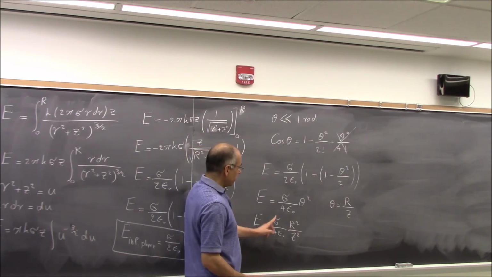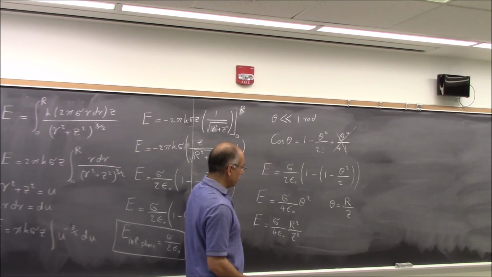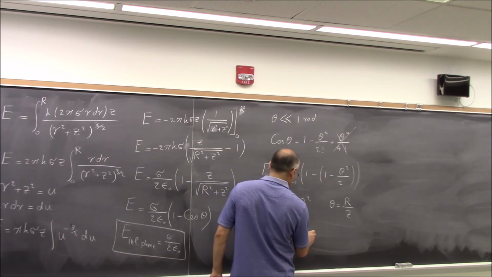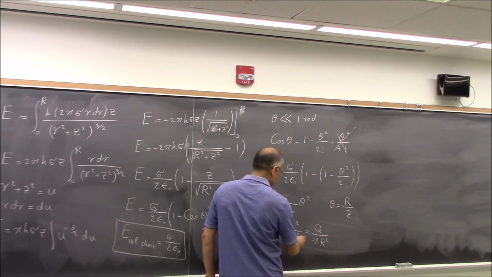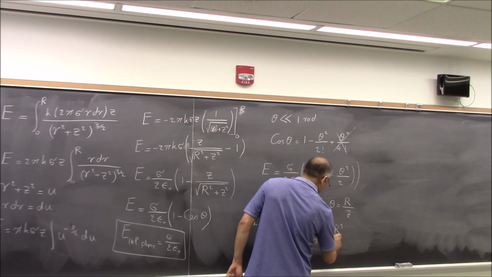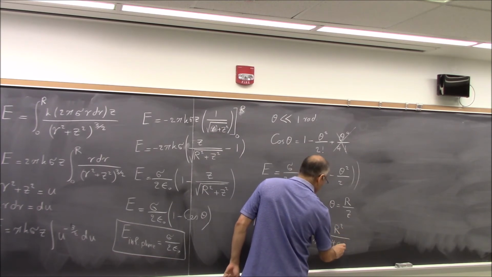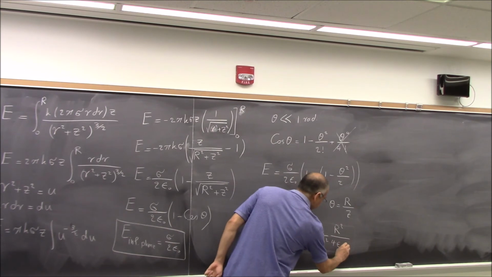But sigma is total charge over the area pi r squared. So Q over pi r squared times the rest of it, r squared over 4 epsilon naught z squared.